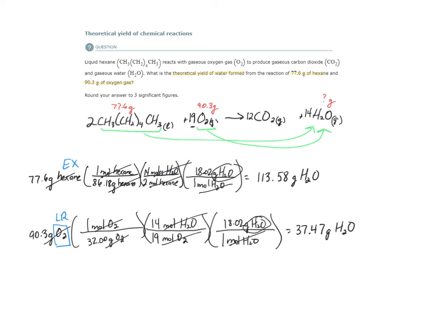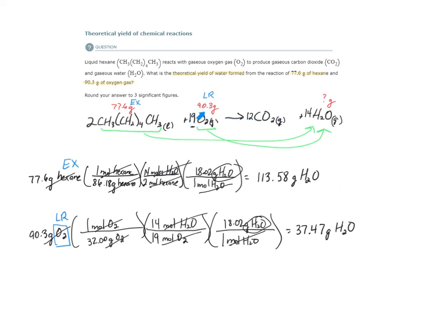By definition, your limiting reactant is completely consumed in the reaction, and for your excess reactant, there will be some left over once the reaction stops. So this 90.3 grams of oxygen, this reaction will go forward. These two will react. The reaction will go forward until all the oxygen is gone.